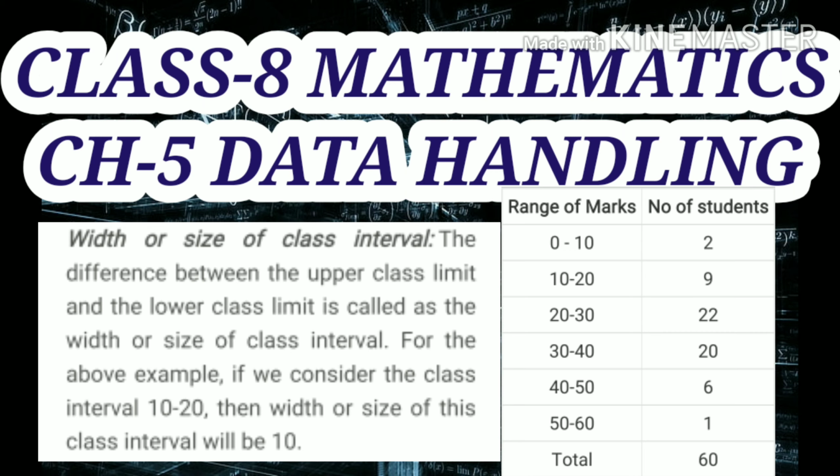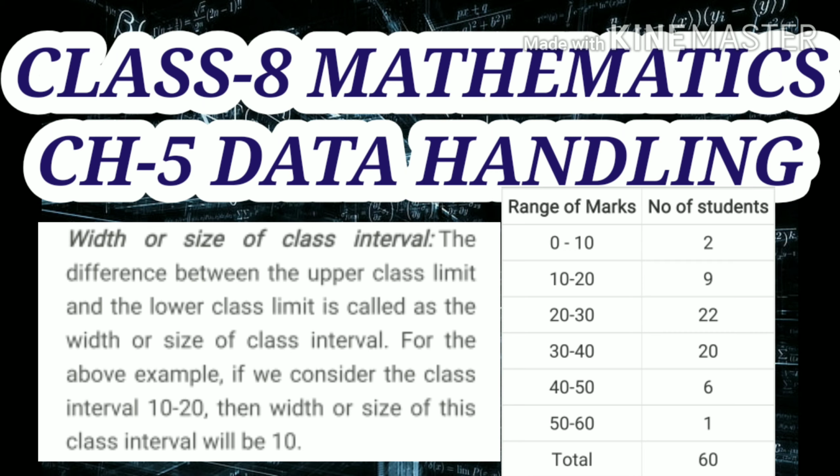Now children, we will discuss the width or size of class interval. We can also call it class height. Children, we can find the width or size of class interval by taking the difference of upper class limit and lower class limit of the given class interval.